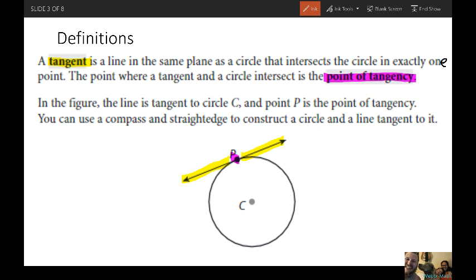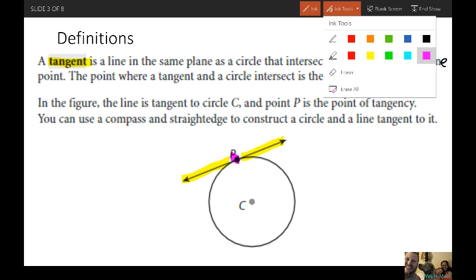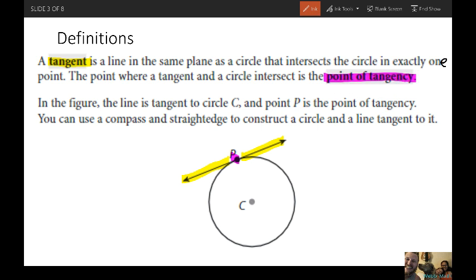Now in this figure, if we were to use a compass and a straight edge, which I know you guys love so much, you can actually draw this perfectly, and you'll notice something. If you were to draw from your center to the point of tangency, and this is where a theorem becomes born, you would notice that it's perpendicular.